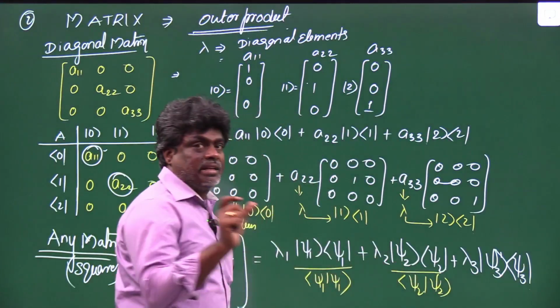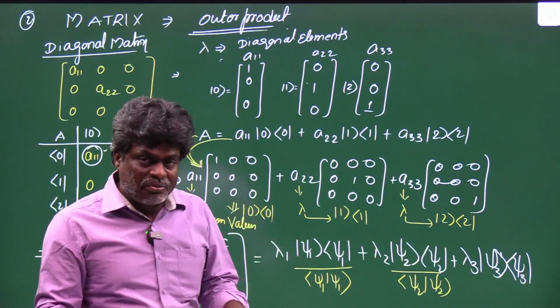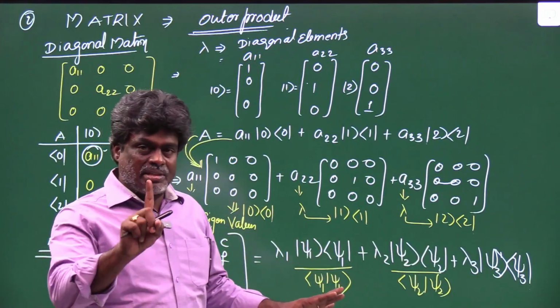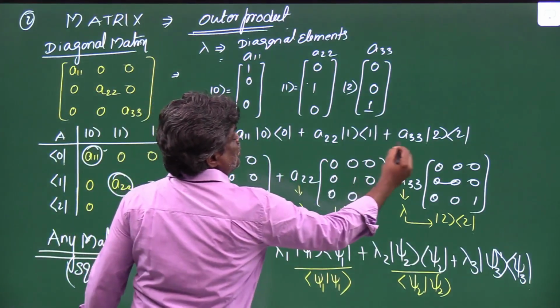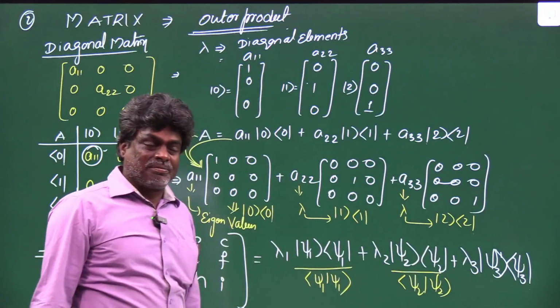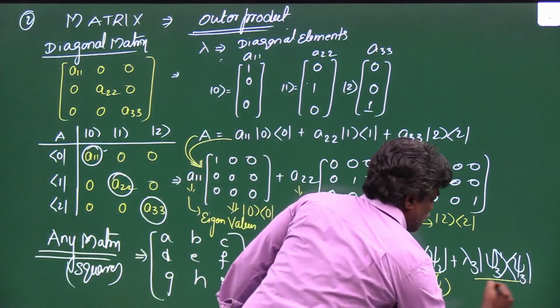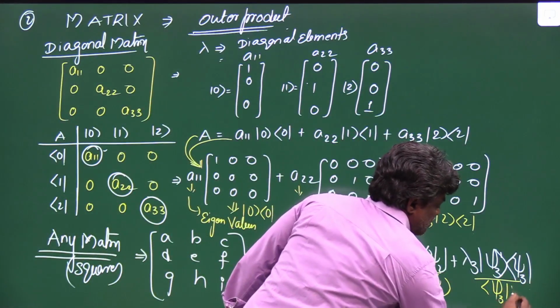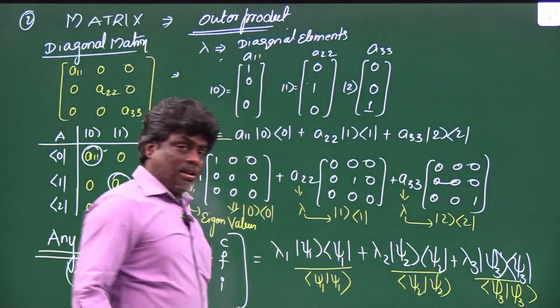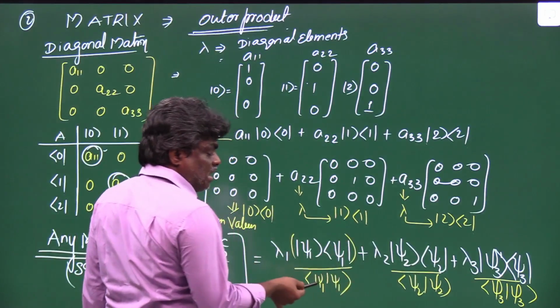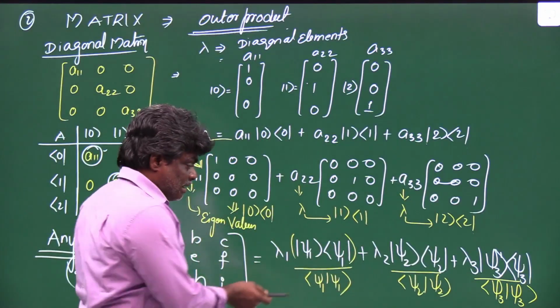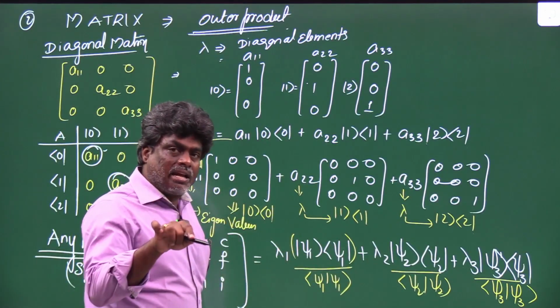Sir, why are we writing that denominator? Just to confirm it is normalized. If it is normalized, the denominator won't be there. See, here there is no denominator, here there is no denominator, here there is no denominator. Yes, 1 divided by. Or simply, yesterday I told you one technique. Numerator we are finding already, it's a matrix. Denominator is nothing but its inner product.